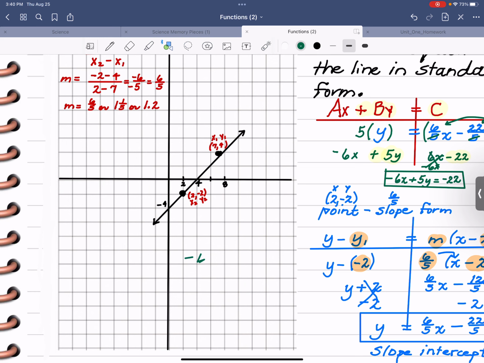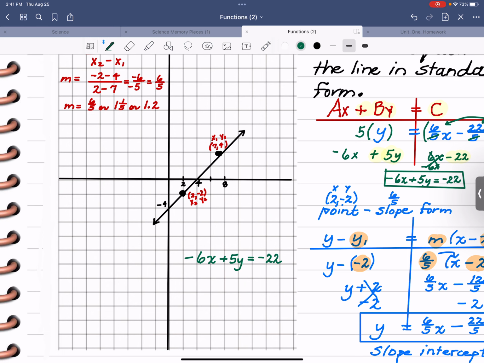So negative 6x plus 5y equals negative 22. I need to standardize that formula so that the A value, the negative 6, is a positive value.